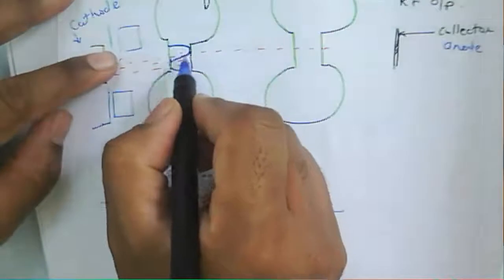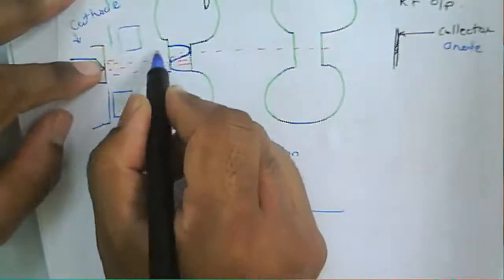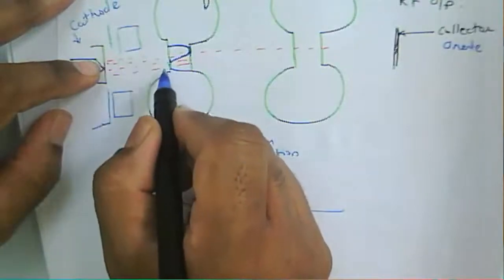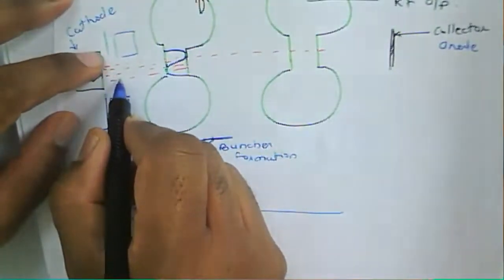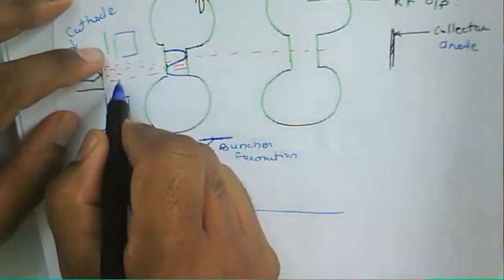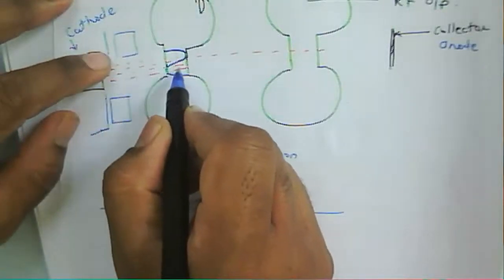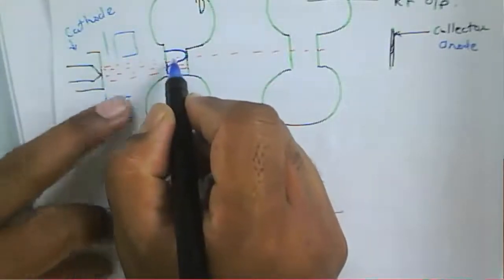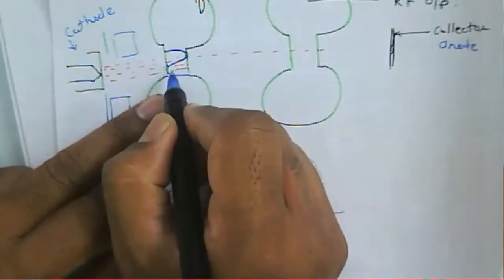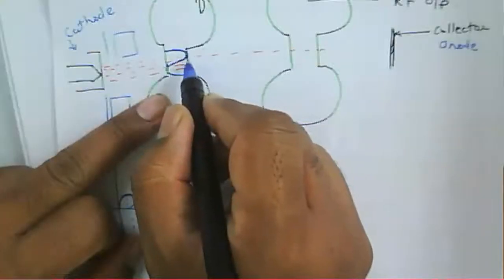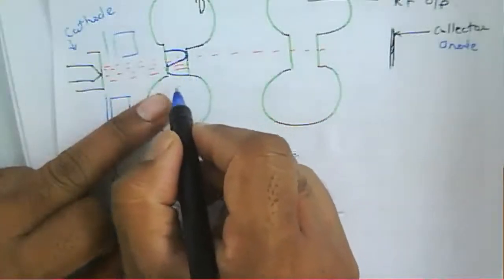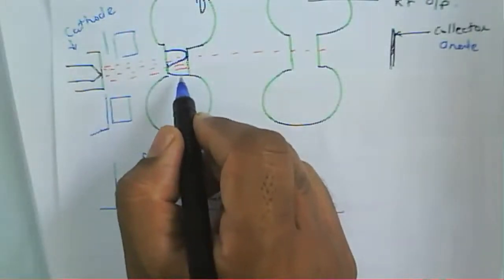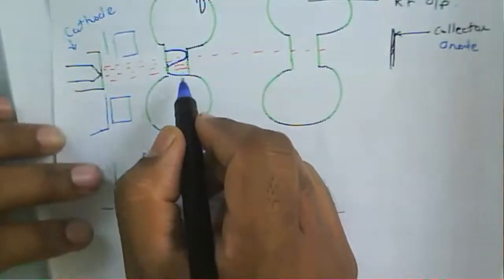Because of the application of the RF field, the electrons have some velocity. Those moving at a positive half cycle increase their speed, and those propagating through the negative half cycle have their speed reduced.